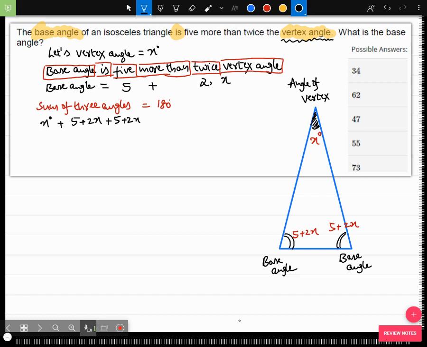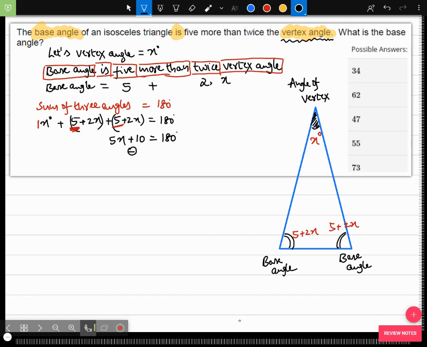So the sum of these three angles equals 180 degrees. If there is no coefficient, it is like 1x plus 2x plus 2x. So 1x plus 2x is 3x, 3x plus 2x gives me 5x. Then 5 and 5 give me 10. So 5x plus 10 equals 180 degrees.